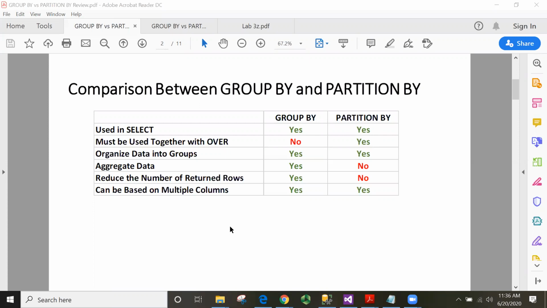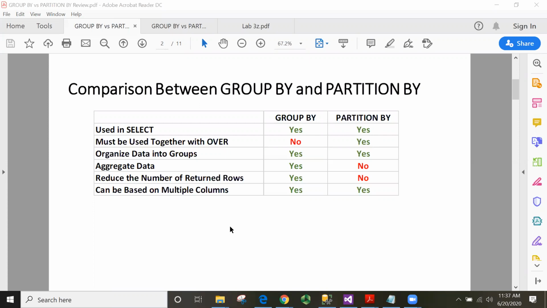So if we just group data, the number of the returned rows will not be reduced. But if we do an aggregation, we summarize data, it's a different story, right? Most likely, the size of the returned data will be reduced.